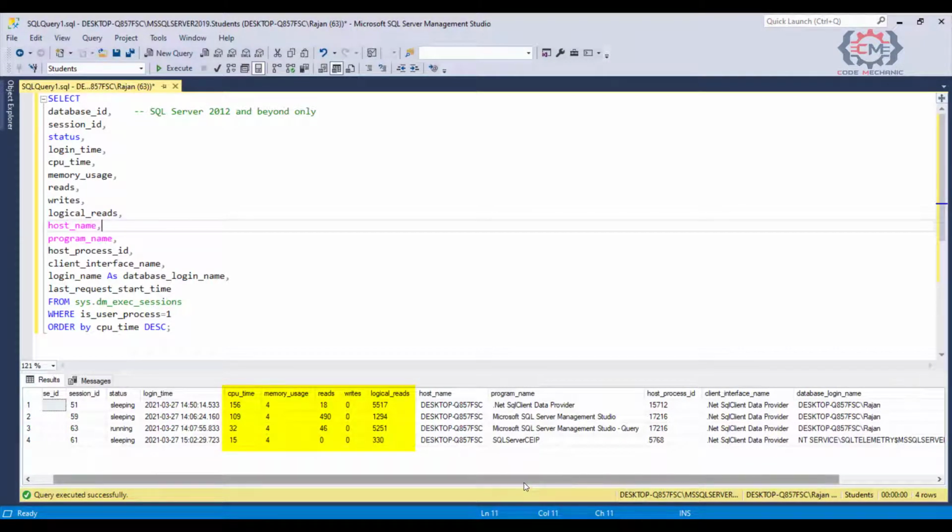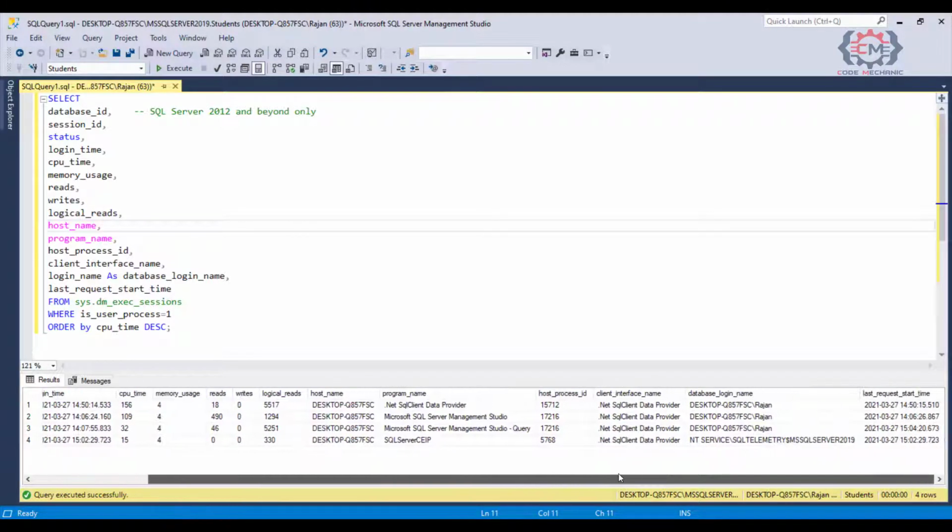The CPU time here is in milliseconds, memory usage is in 8 KB blocks, and we also have reads, writes and logical reads. So, if we had a session that is consuming a lot of resources and maybe slowing everyone else down that is connected to SQL Server, we would be able to tell that from this data.